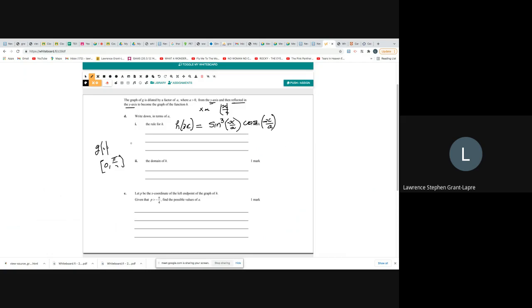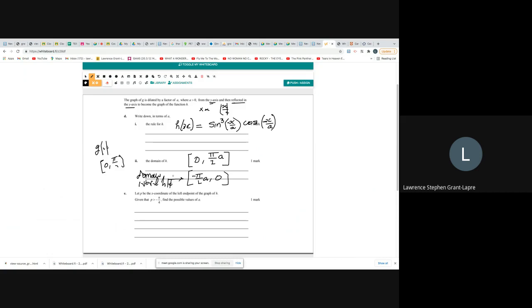So if we have stretched it out by a factor of A, it's now from 0 to pi over 2 times A. That's if you stretch it out by a factor of A. If you then reflect it in the y-axis, it changes over to be negative pi over 2A, 0. So here's the domain interval for X, for H. The domain interval for H of X.